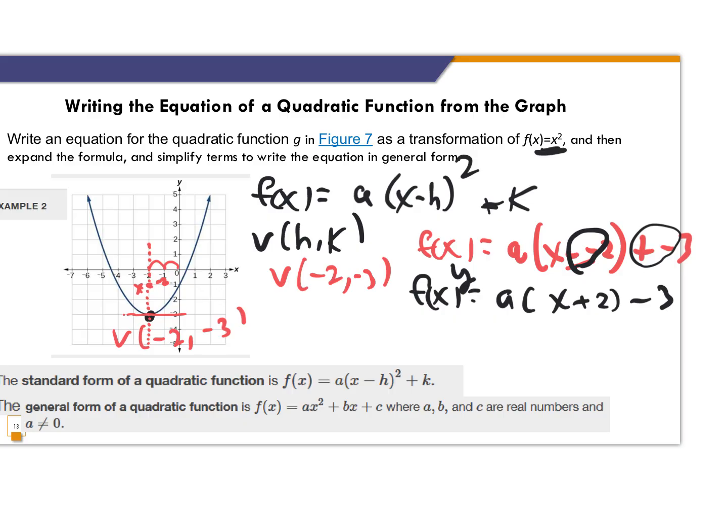So if you want to look at it as y equals a times x plus 2 squared minus 3, that's fine, because the vertex is my x and my y. But I can't plug it in again because I've already used it to find a. So I need a different x and a different y, which where am I going to get them from?